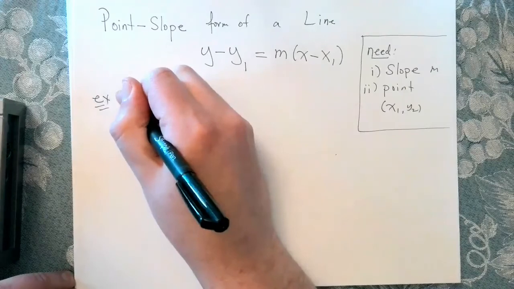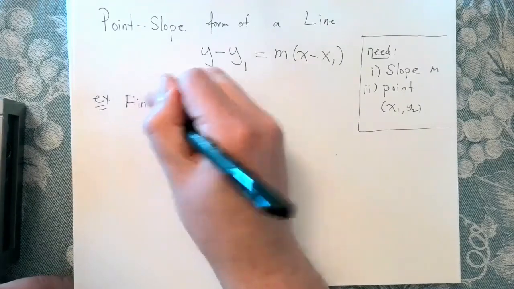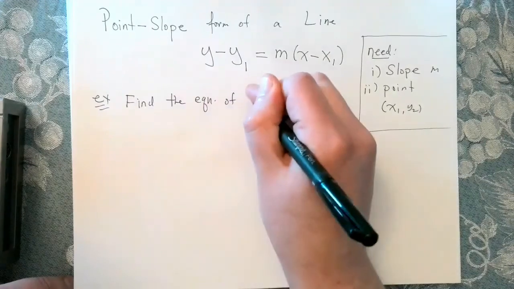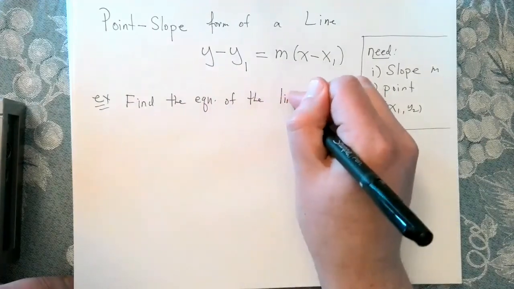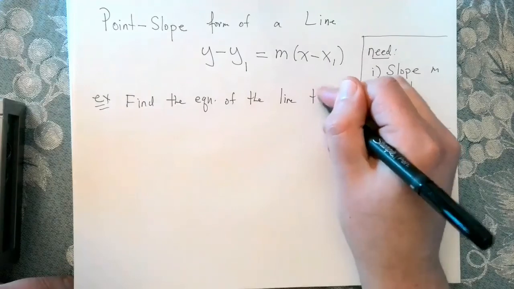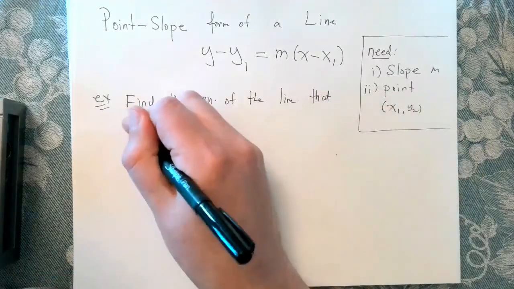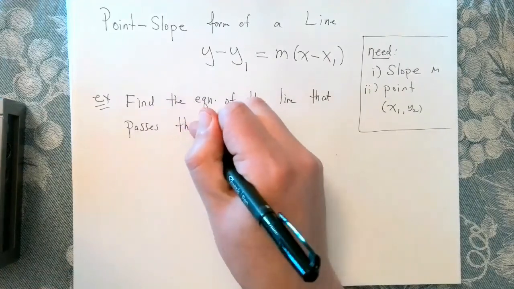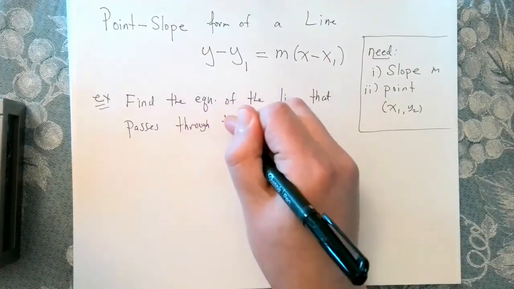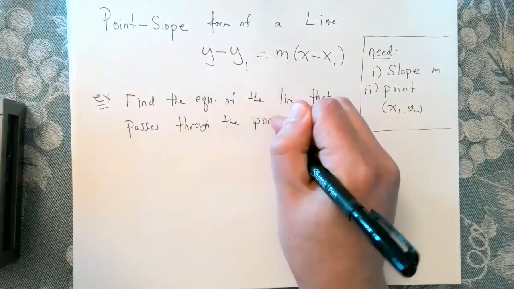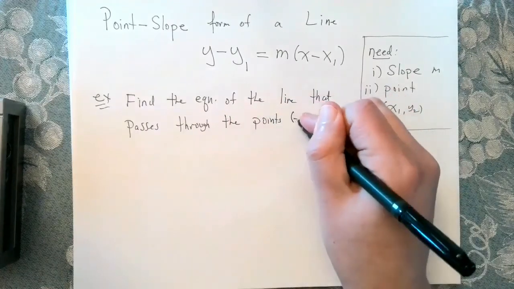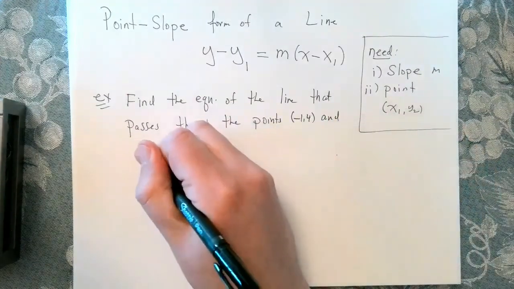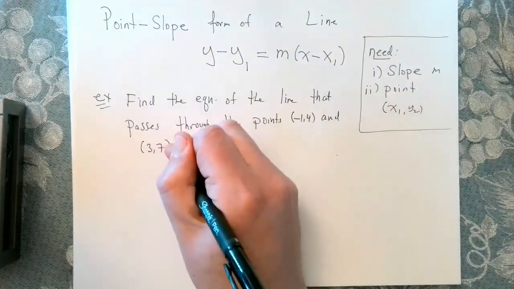So for example, I'm going to say find the equation of the line that passes through the points, let's say -1, 4 and 3, 7.